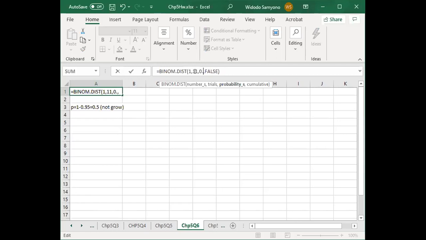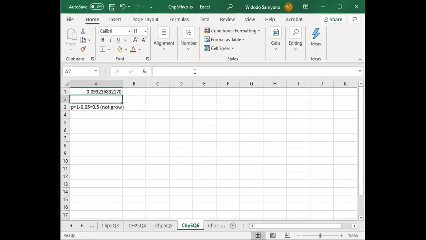Sorry, 0.3, not 0.03, because it's 30%, right? And you have to put false because you're looking for exactly. If you put true, that means it's cumulative. But in this case it's exactly, so you have to put false there. This will be the answer.